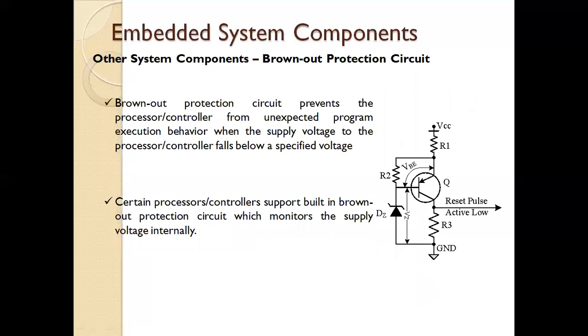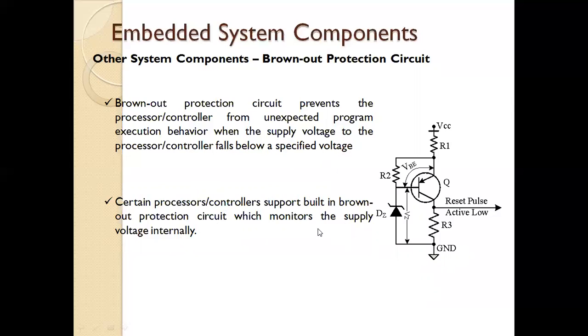Next we'll see the brownout protection circuit. What does this brownout protection circuit do? It will prevent the controller or the processor from unexpected program execution behavior when the supply voltage to the processor or controller falls below the threshold voltage.